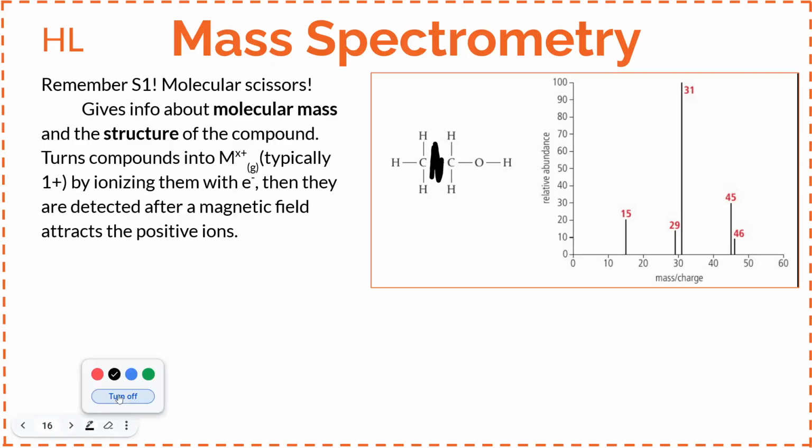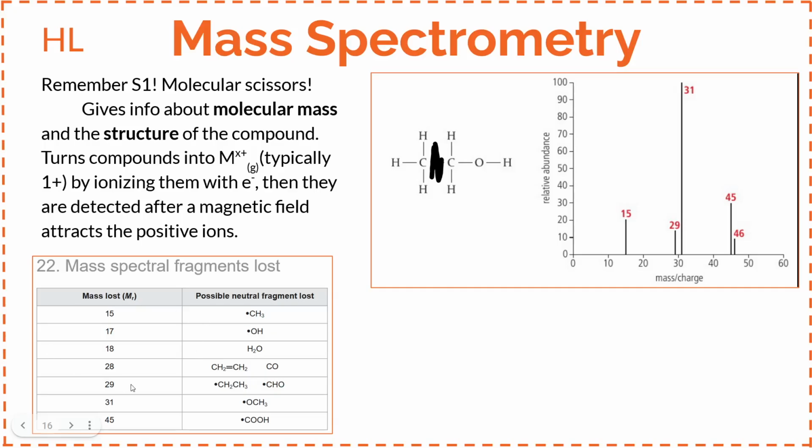You actually get a chart for this in your data booklet, in section 22. As we previously discussed, if you lose a CH3 group, you lose 15. If you lose an OH group, you lose 17, which gets you this 29 here, and so on and so forth. So if you're ever asked about mass spectrometry, always refer back to section 22.